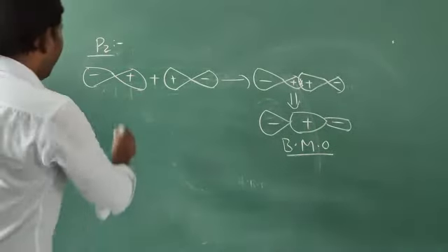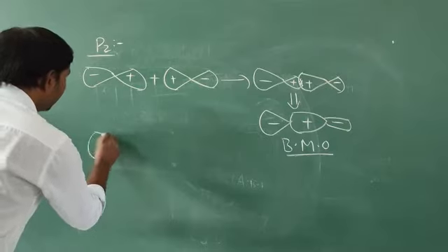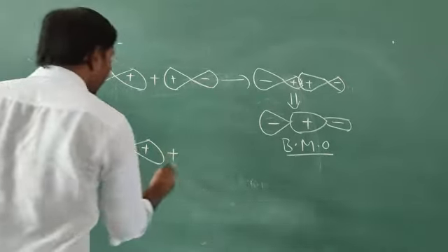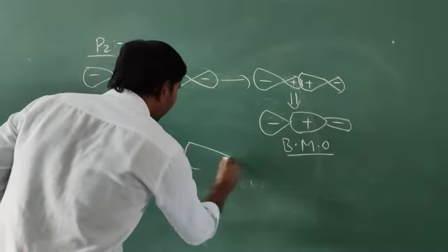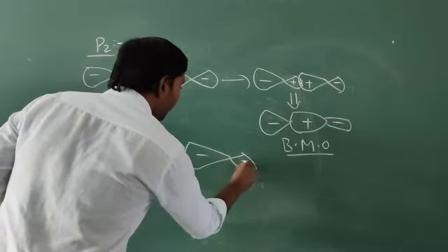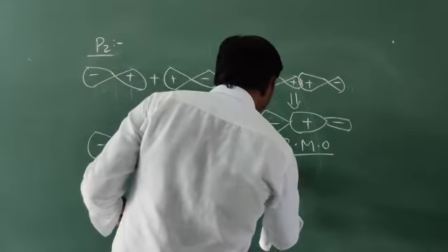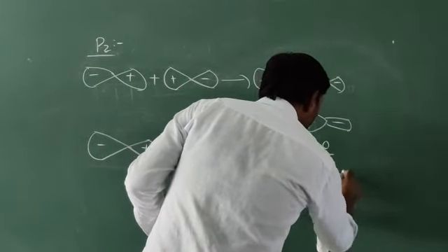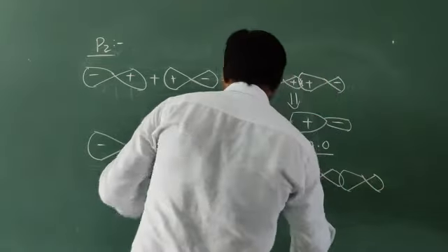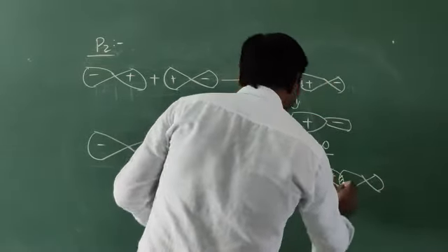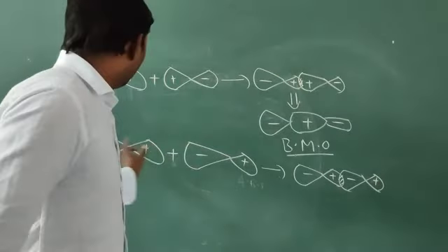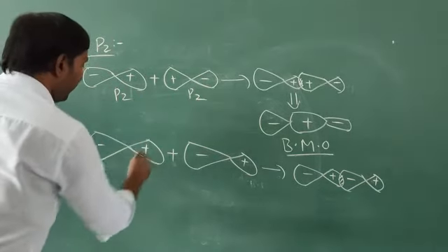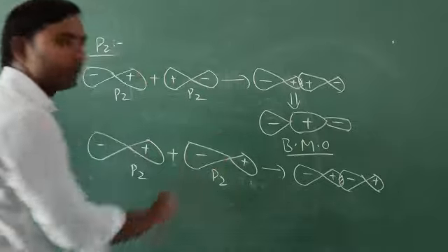Understand now? Next, minus plus, then minus plus. These two atomic orbitals are also Pz only. Next, Pz, Pz.